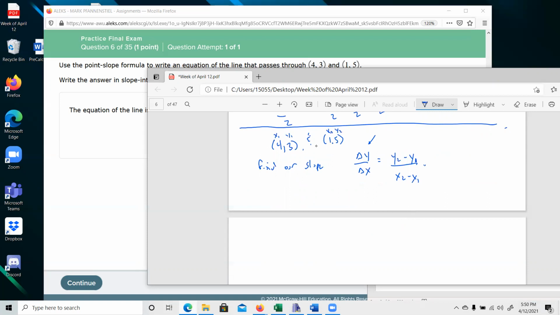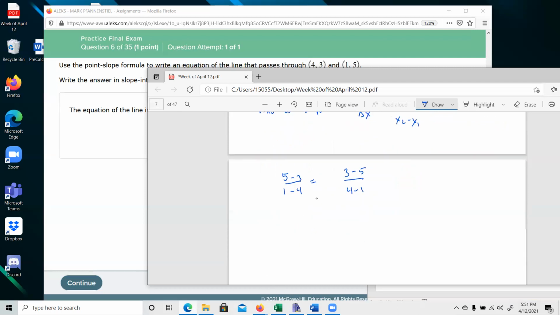So all we're going to do is take the difference in the y's, right? That's the rise. So we're going to have 5 minus 3 over 1 minus 4. So we pick this one to be point 2. So we have the 5 minus the first y, second x minus the first x. It doesn't matter which way you do. If I chose it the other way around, we would get 3 minus 5 over 4 minus 1.